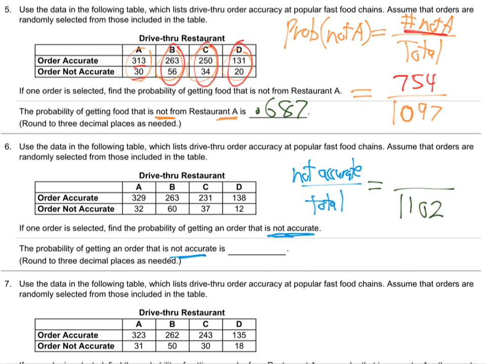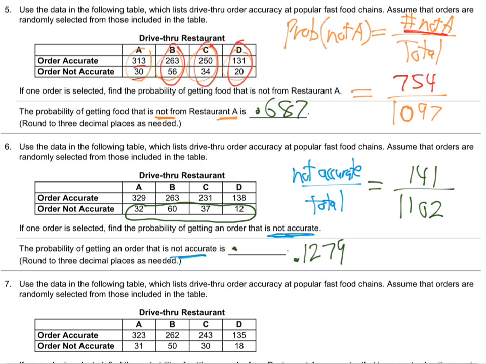So that's the total of all those added up. And then how many are the not accurate? So that'd be these bottom ones, huh? 141. Is that what it is? Good. And then just divide those. So 141 divided by 1102. And you get, what do they want, 3 decimal places? 0.1279.